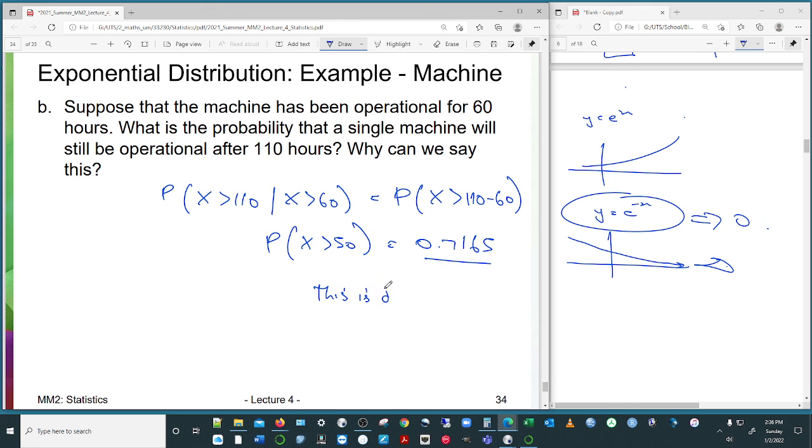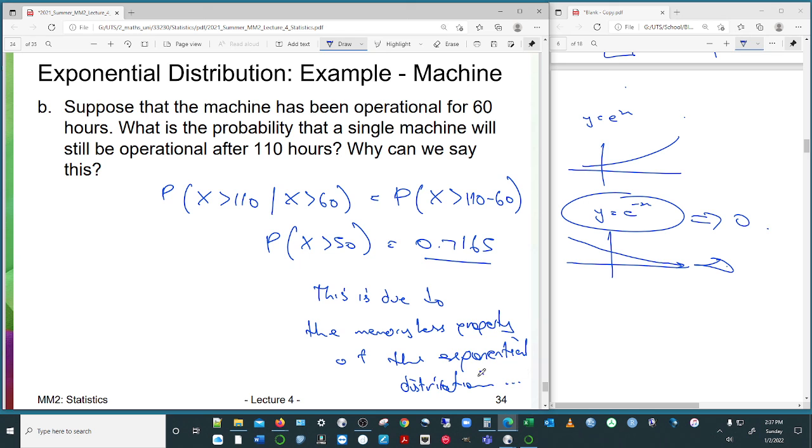And this is due to the memoryless property of the exponential distribution. Okay, so that's it. Alright, so we managed to get there.